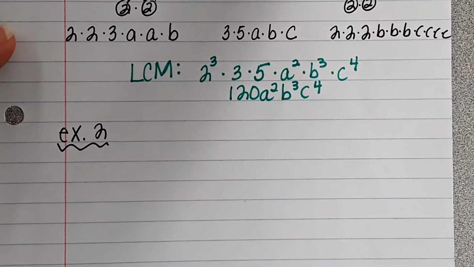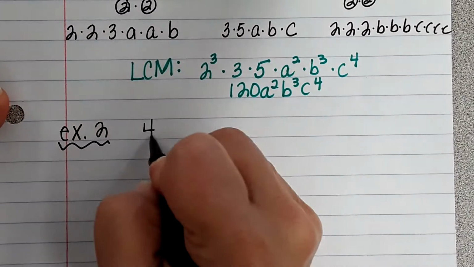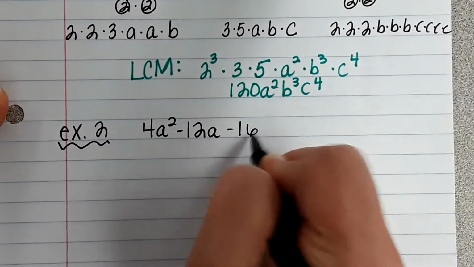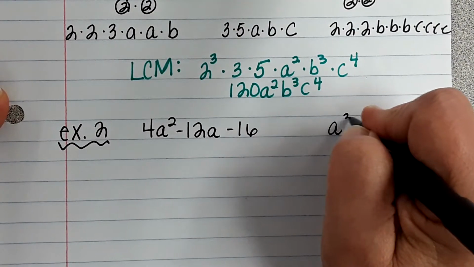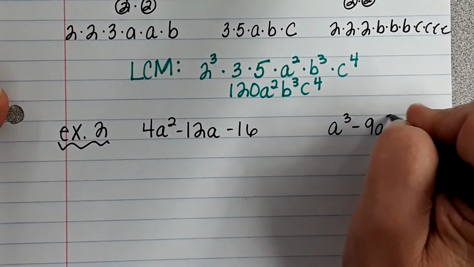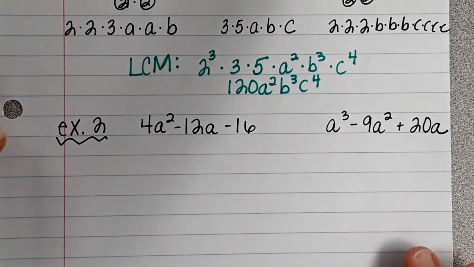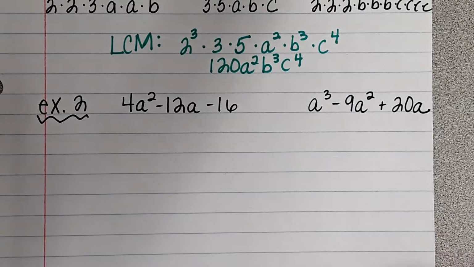Okay, so here's number 2. 4a squared minus 12a minus 16, and then we have a to the third minus 9a squared plus 20a. Today someone asked me a question about factoring.